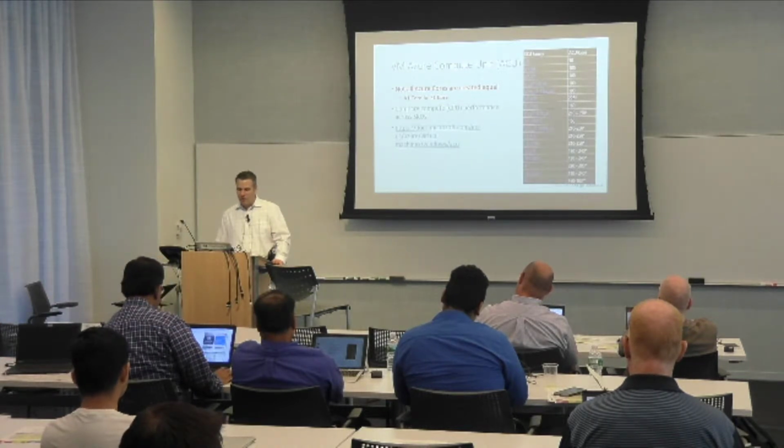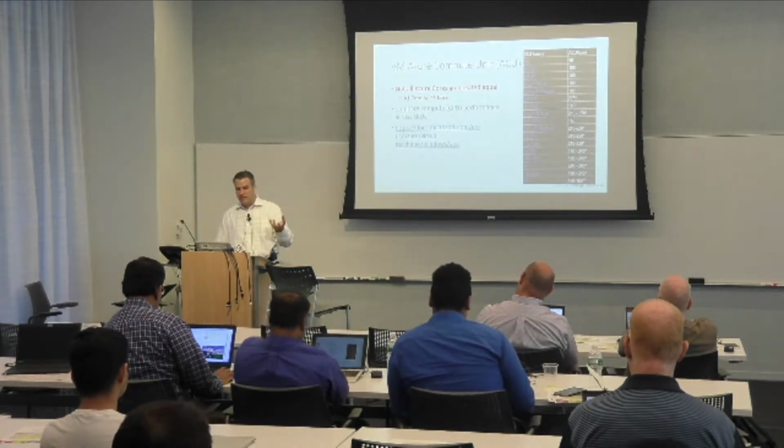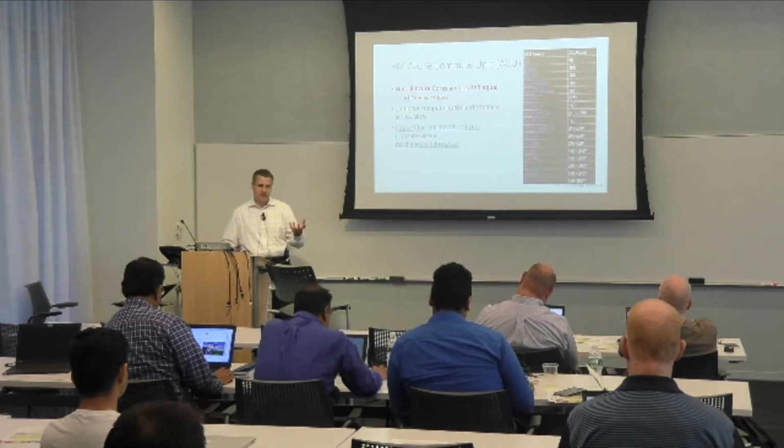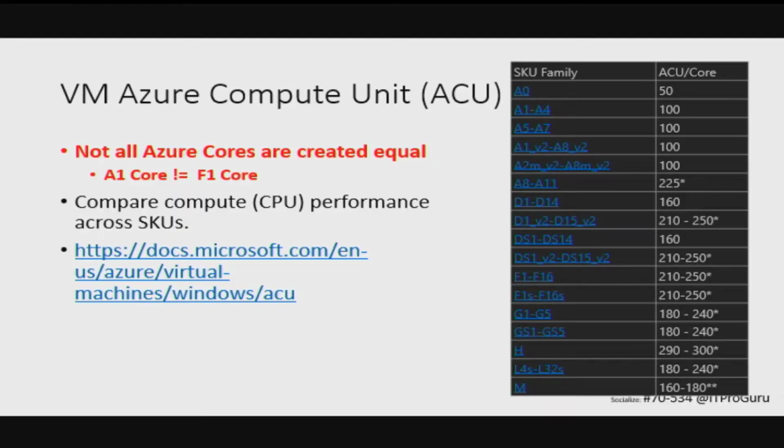All right, so the other thing about choosing a VM are the Azure Compute units. And this is interesting. I don't know if it's on the exam, but it's interesting to know that not all cores in Azure are created equally. The table gives you relative performance for different cores. So an A1 gives you 100. That's just an abstract number. But a DS1v2 gives you 210.